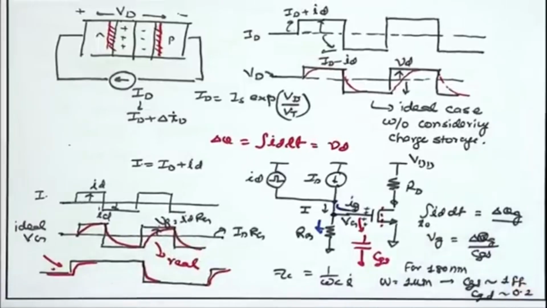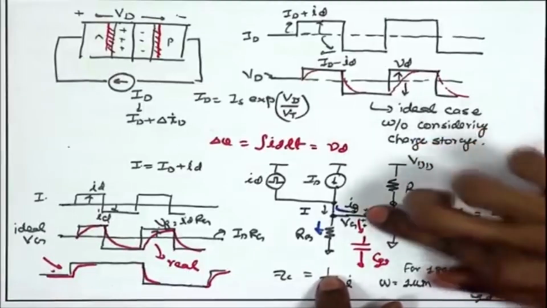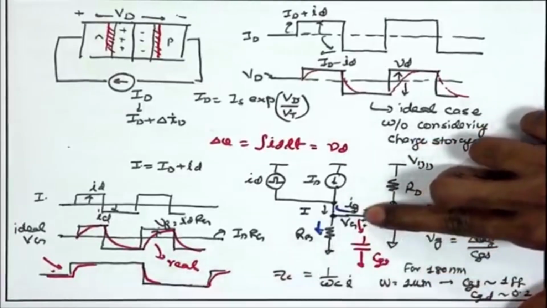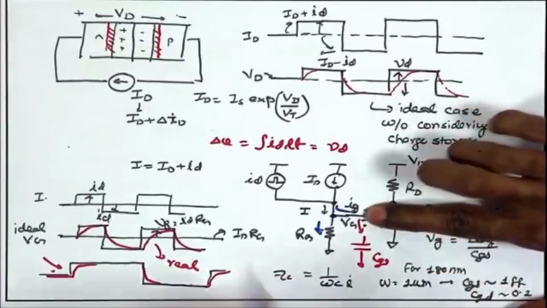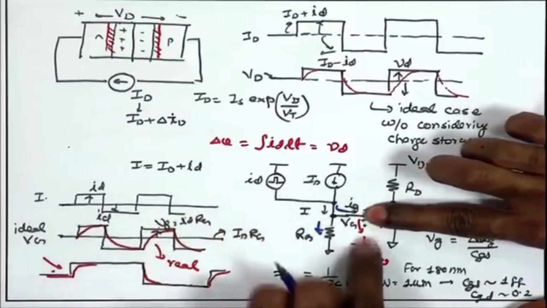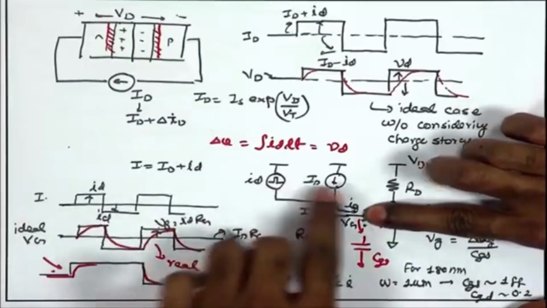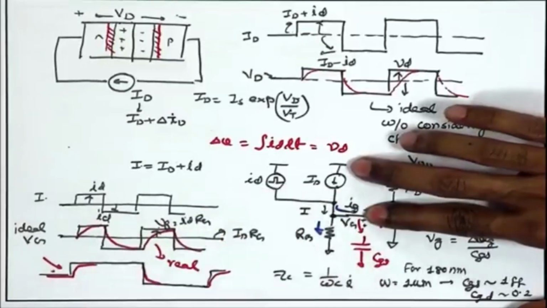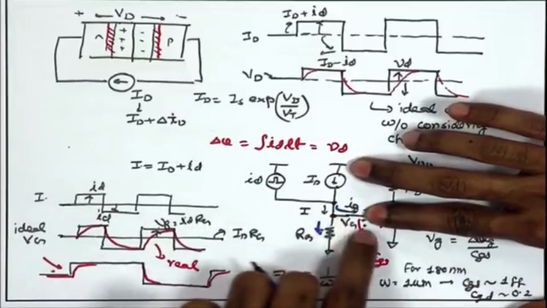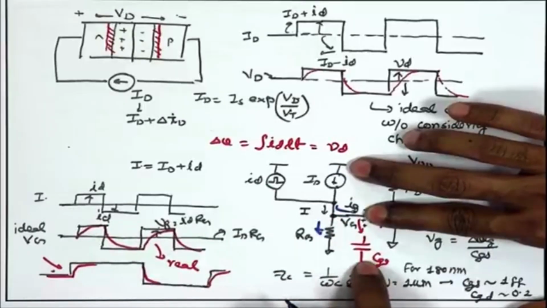So, that is because of the charge storage mechanism. Once again I can replace this MOSFET by an equivalent small signal capacitance CGS and say that when you are having this CGS and then you are trying to increase ID to ID plus delta ID, there is going to be an RC time constant associated with the charging of this capacitor. The voltage across this capacitor will not jump instantaneously, because for that you need an infinite amount of current.